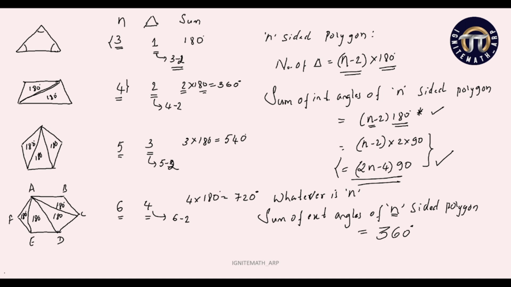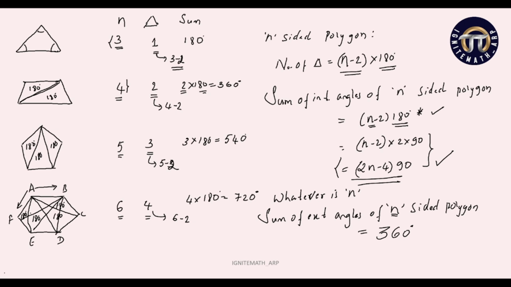Clear? If I am drawing a line segment connecting non-consecutive vertices, what do you mean by consecutive? A is consecutive to B and F is also consecutive to A. Non-consecutive means A connected to C, A connected to D, A connected to E. In these cases, they are called diagonals. Similarly, I can connect B to F, B to E, B to D like that.